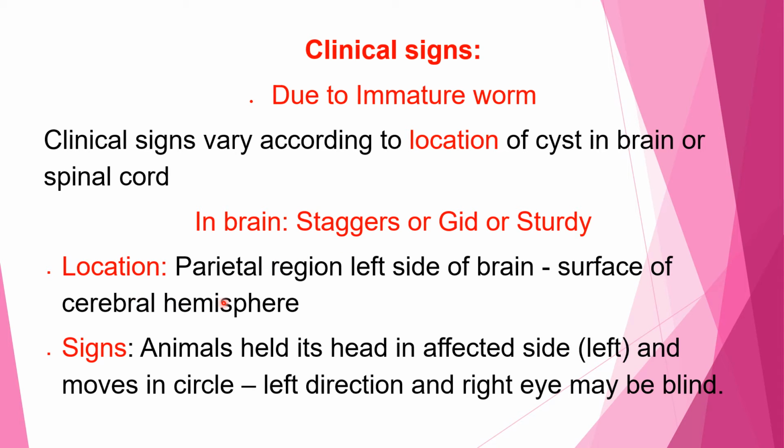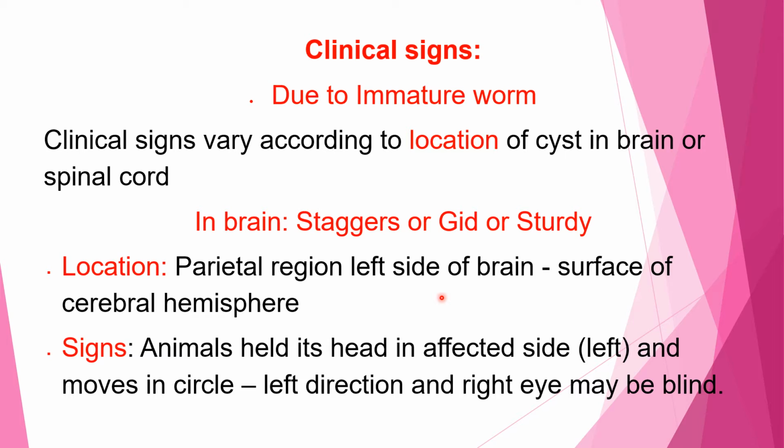If the location of the cyst is in the parietal region of the left side of the brain and on the surface of the hemisphere, the signs are that the animal holds its head on the affected side.